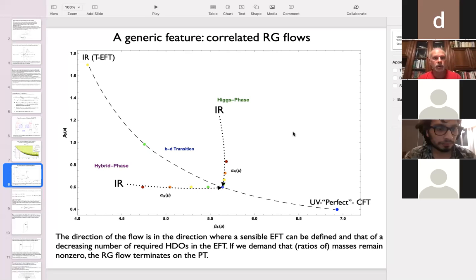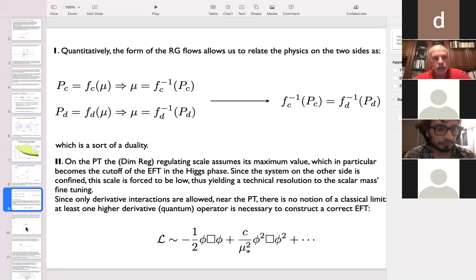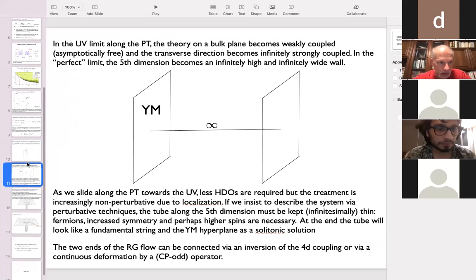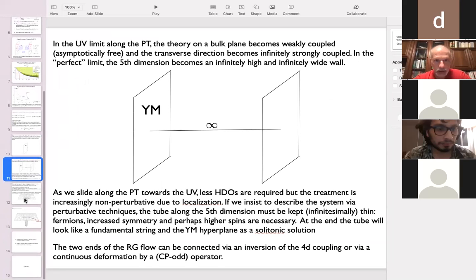That doesn't mean, of course, that CP cannot be broken spontaneously, or that the RG flow as seen from the string theory side is only possible by introducing a CP odd operator. It's just saying that if you would try to implement non-perturbatively an RG flow along the phase transitions, you would have a spontaneous breaking of the CP symmetry. That would be a very interesting solution that, as far as I know, still doesn't exist.